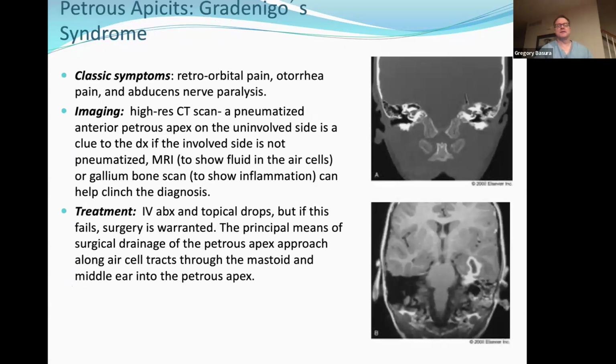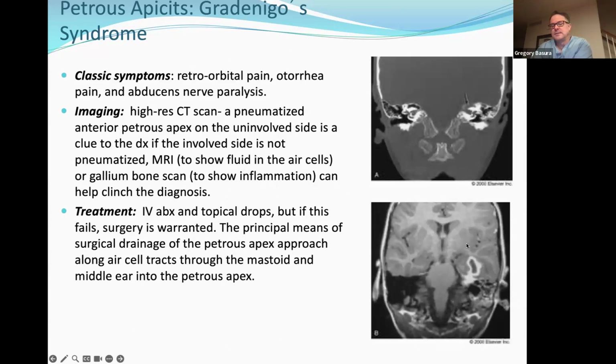This is the petrous apicitis. In addition to the clinical findings on imaging, you may find enhancements or erosions of the bone. You may find fluid signals, extradural or even intraparenchymal inside. So these are the types of situations where you definitely would need an MRI, because if you see something like this, where you've got an intracranial abscess, obviously that's a neurosurgical issue that needs to be drained.